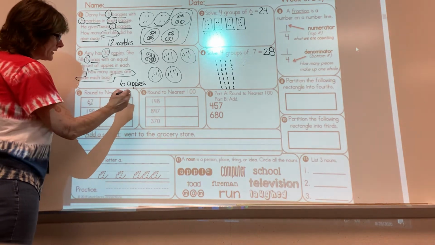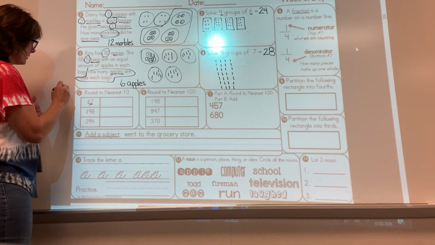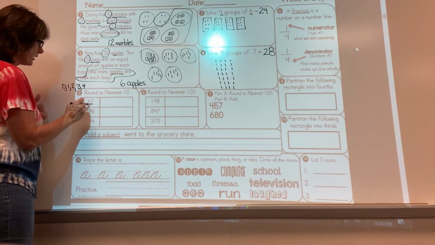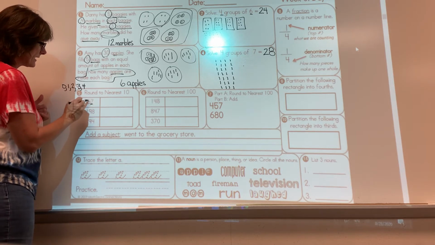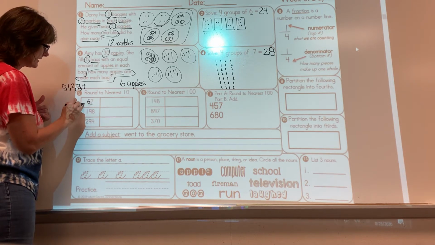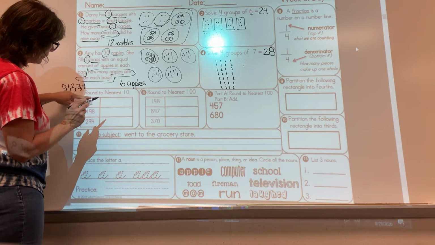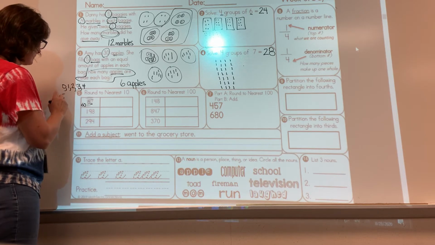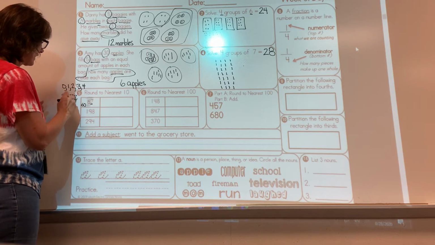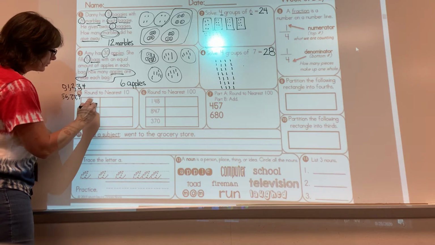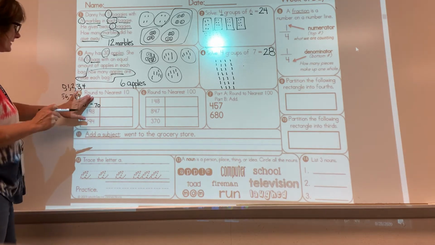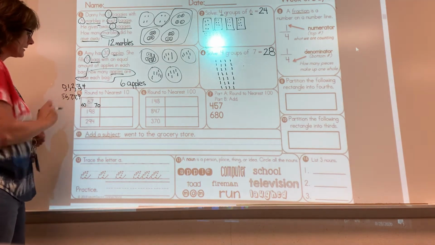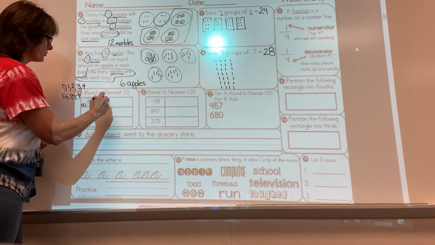If the ones place is 0, 1, 2, 3, or 4, we're going to go back to this 10 number, which would be 60. If the ones place is 5, 6, 7, 8, or 9, we're going to go to the next 10, which is 70. 67 is between 60 and 70. Which one is it closer to? It's closer to the 70.